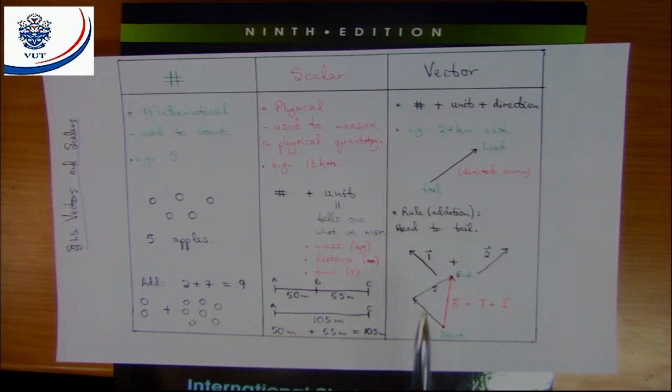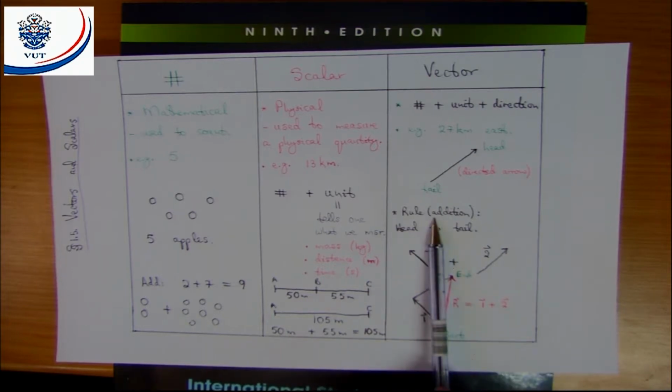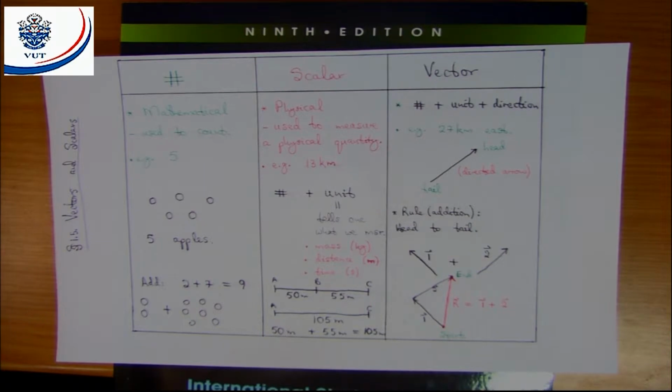Okay, and now the key is how do we then add vectors, and we have one rule. We needed to promote this notion to add direction as well, and the rule is we add vectors head to tail.